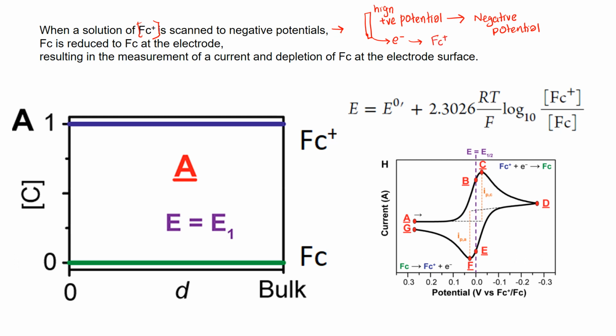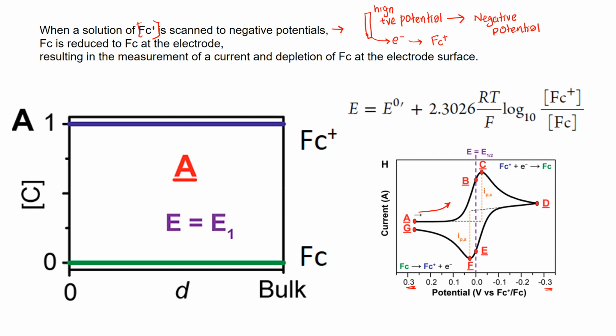So as we start going towards the negative, from positive 0.3 towards minus 0.3, we apply a negative potential in this way.